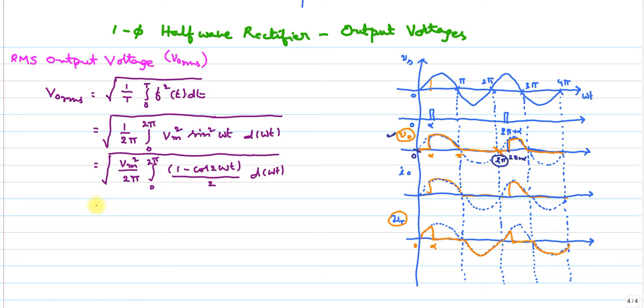Now it will be very easy. Let me take the square root only: square root of Vm square divided by 2 pi. The 1 by 2 is a constant, take it out, and this is half integral of 1 d omega t.